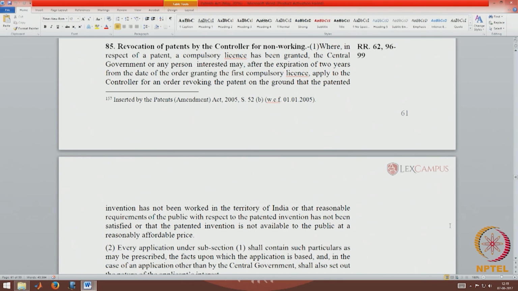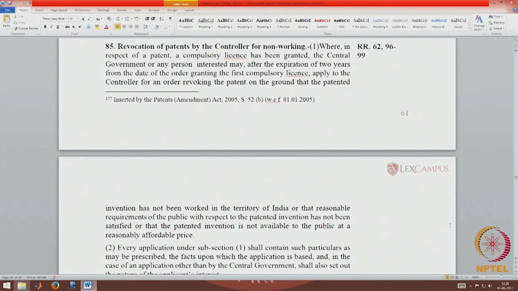One of the consequences of the patent not being continuously worked within the territory of India is that it could become a subject of revocation. Revocation is an extreme step because when a patent is revoked, the patent ceases to be a right that is enforceable. Whatever is covered by the patent falls into the public domain and everybody becomes free to use what is covered by the patent.